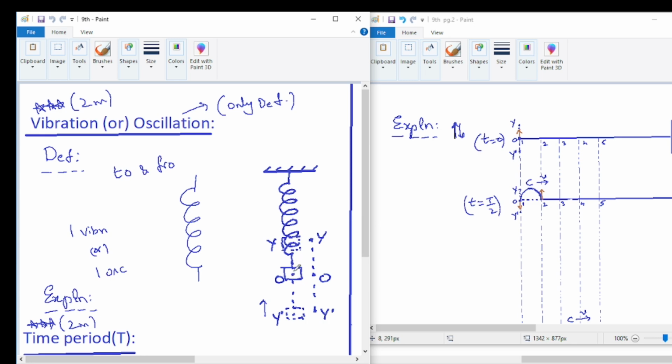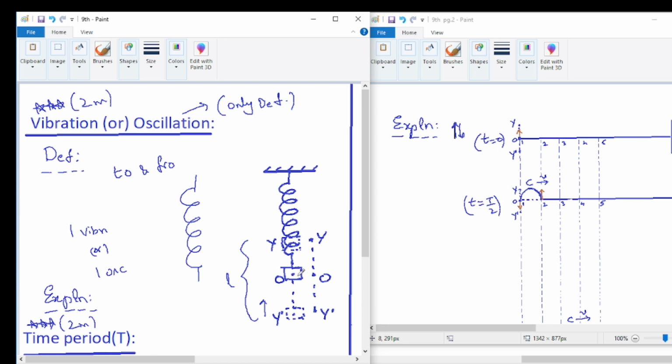During its upward motion, the load is actually moving from Y dash to Y. Imagine the mean position O. Suppose the total length Y Y dash is some L. Then above O, the length O to Y will be L by 2, and below, O to Y dash will be the other half, L by 2.